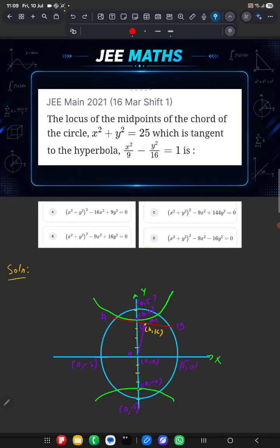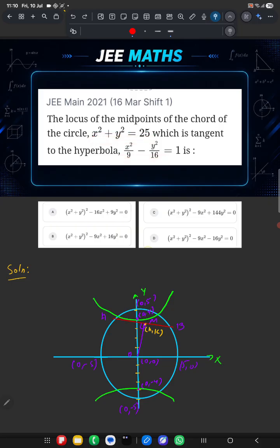Okay, now I have the locus of the midpoints of the chord of the circle. It means you have to collect those chords which are tangent to this hyperbola, where the chord is lying in this circle, and take that chord's midpoint.